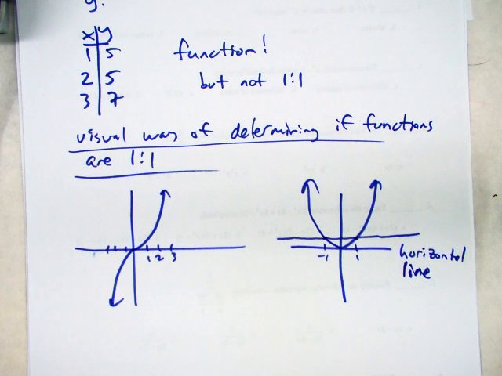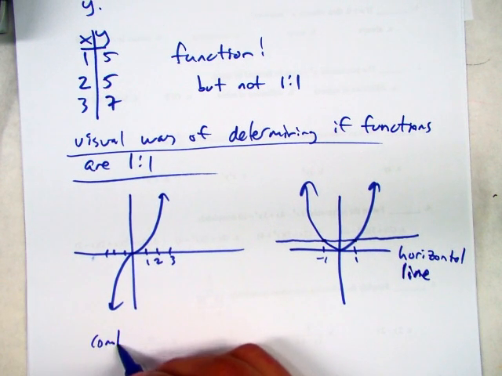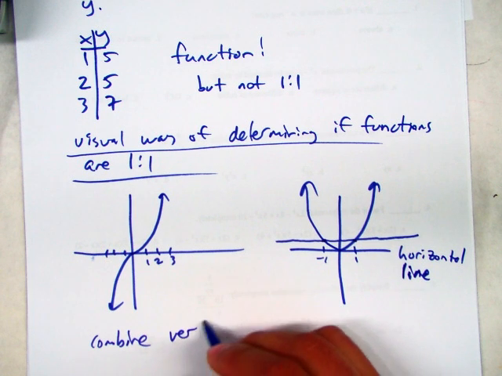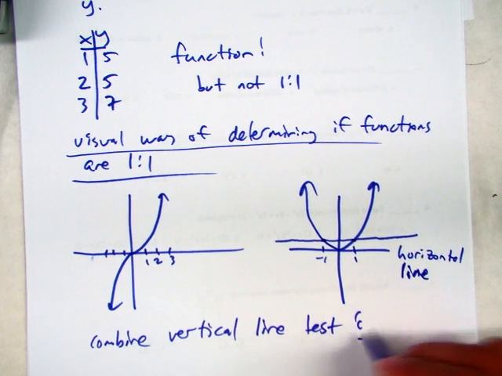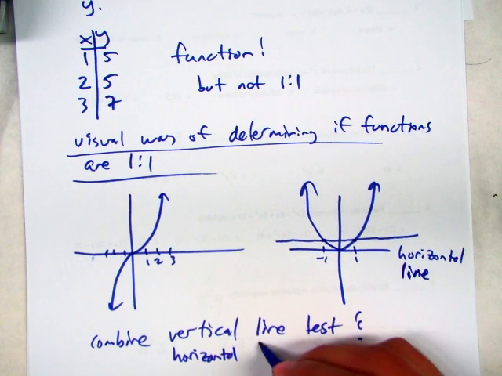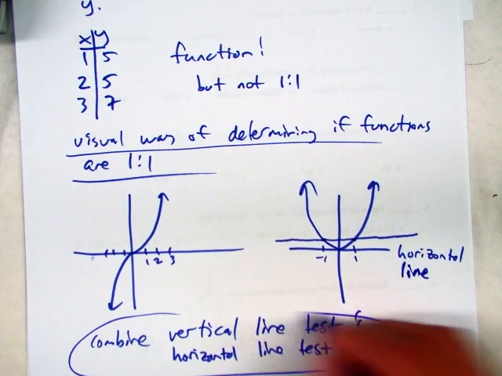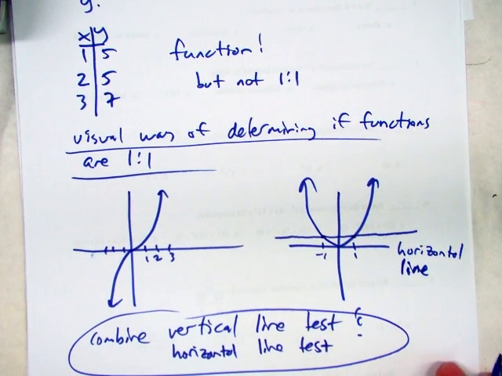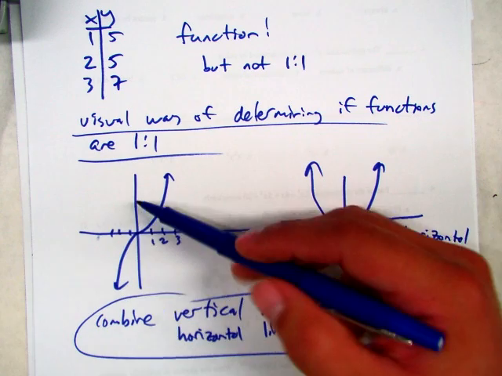Okay. If we combine vertical line test and create a new one that we call horizontal line test, that's a quick way to see if something's one-to-one. So for example, if I'm looking at this graph up here, does it pass vertical line test?